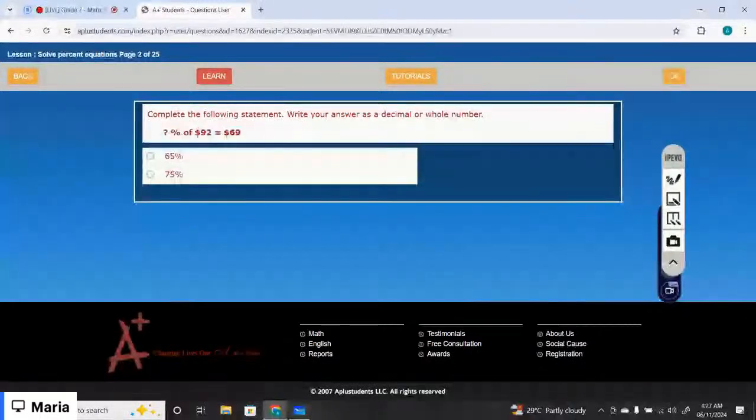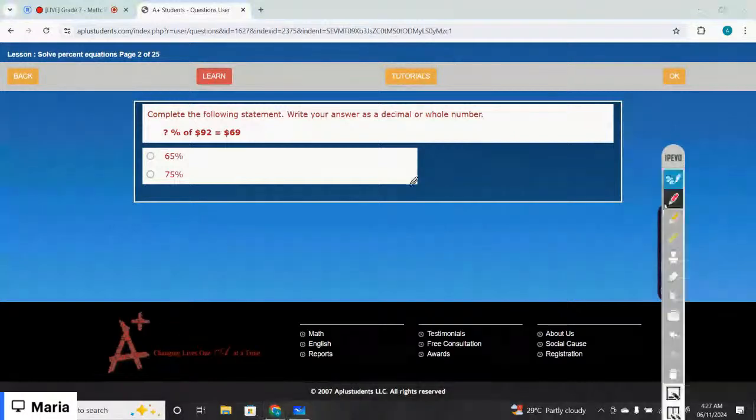Complete the following statement. What percent of 92 is 69? So 69 is the part of 92. So that would be 69 over 92 equals n over 100. So n equals 69 times 100 over 92. That would be 6900 divided by 92. Just do the calculation. So n equals 75%, right?